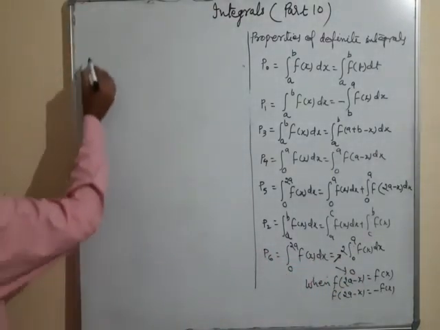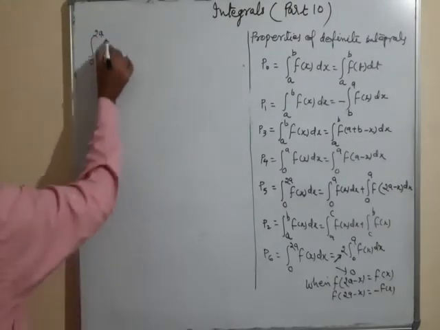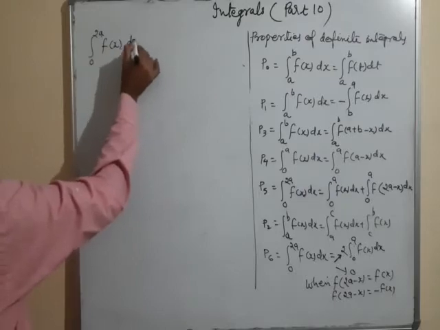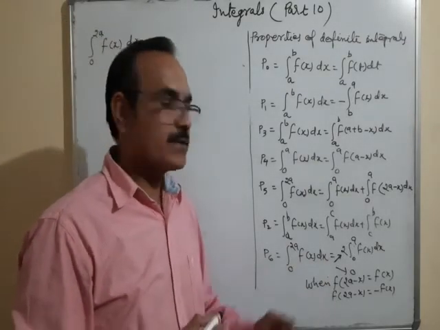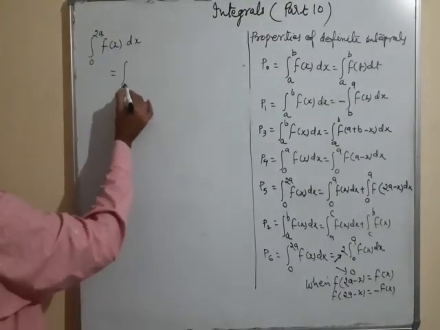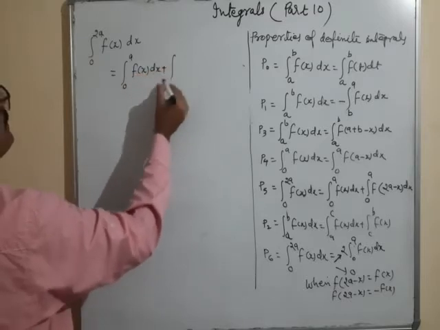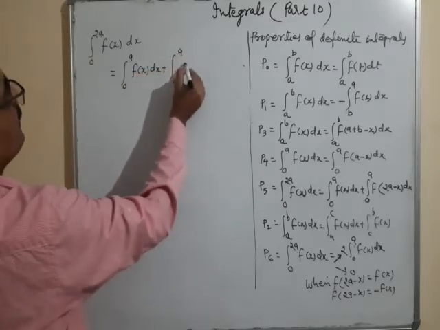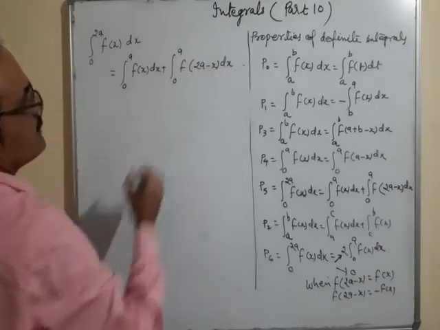First we will verify it. The integral from 0 to 2a of f(x) dx. How to write this property? May I write here the integral from 0 to a of f(x) dx plus the integral from 0 to a of f(2a minus x) dx. Is that okay?